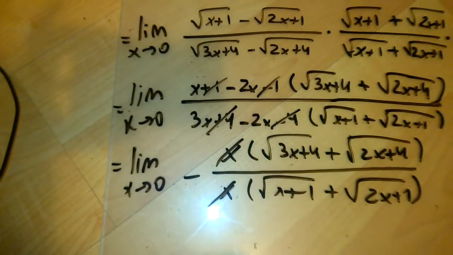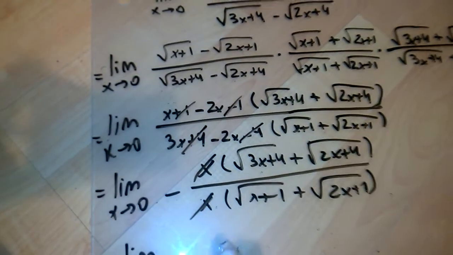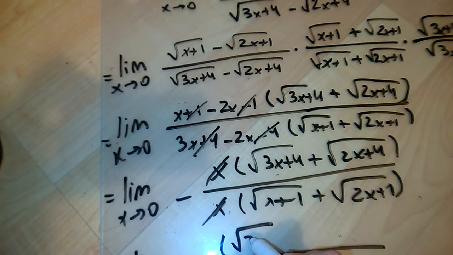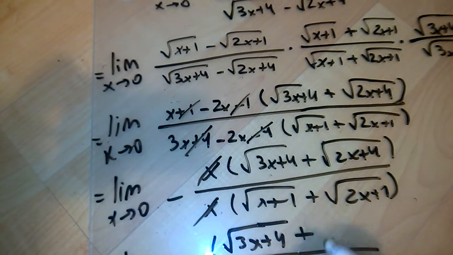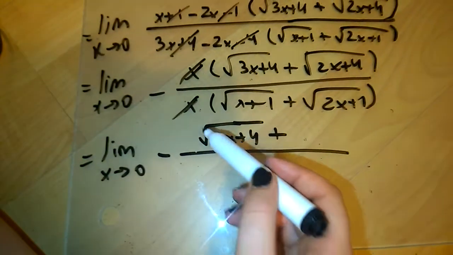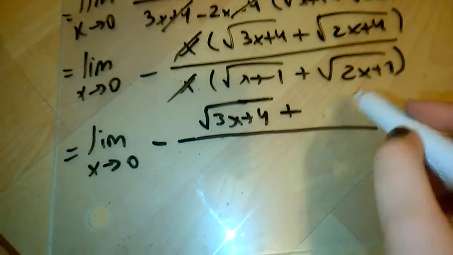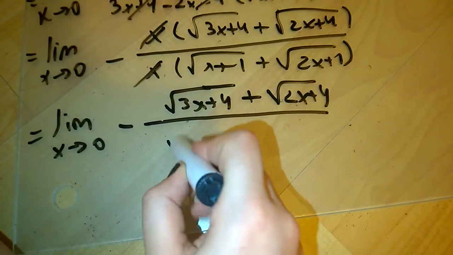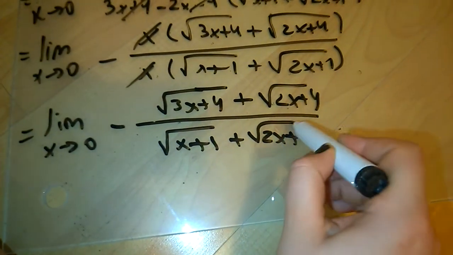And these x's will cancel, and our final step before evaluating is to write our result, and we get negative the square root of 3x plus 4 plus the square root of 2x plus 4 over the square root of x plus 1 plus the square root of 2x plus 1.